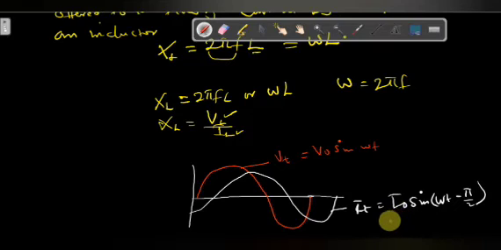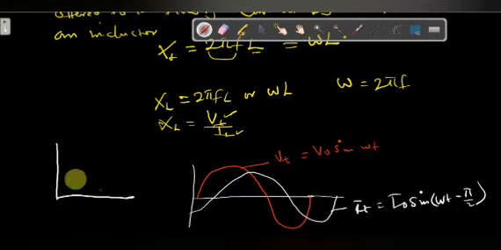Okay, so if you are conversant with the sine and cosine rule, you will understand that this is exactly the negative of the cosine. Okay, so next the phasor diagram is going to look like this.